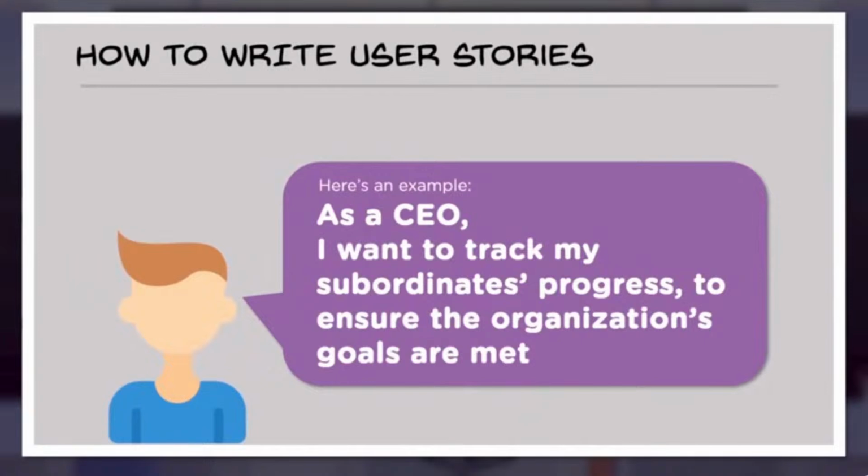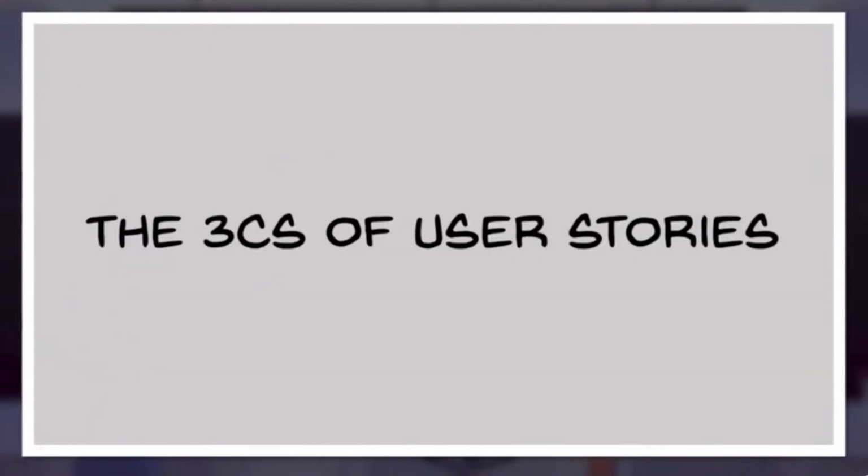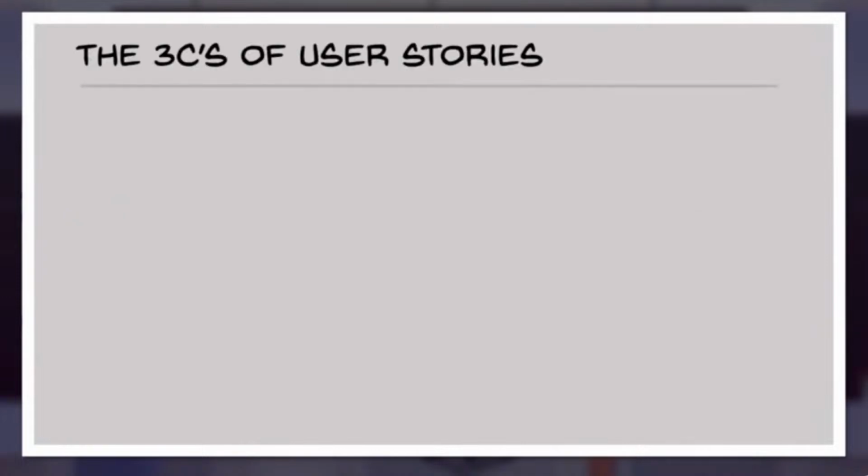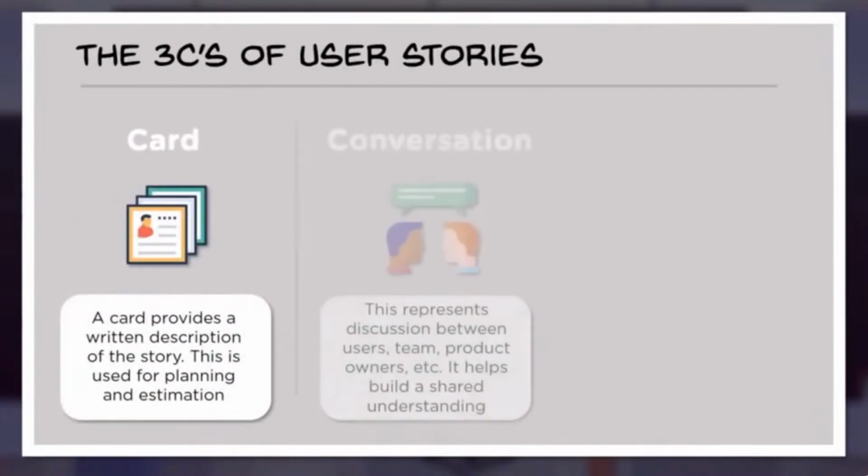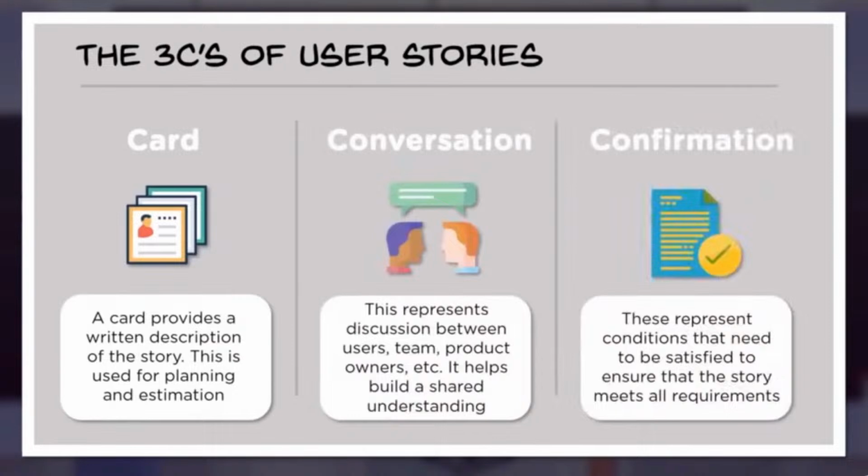That can also be a user story. It gives certain visualization of what kind of users are there and what they need. The moment you write user stories, you should visualize that role. It is very important. There are 3 C's of user stories, which we call card, conversation, and confirmation.